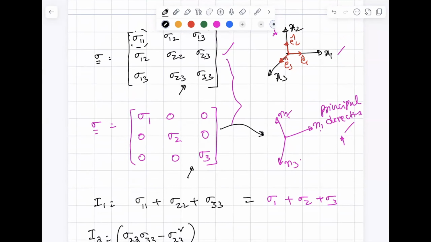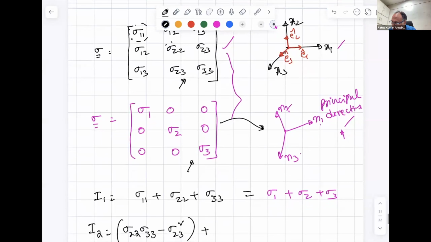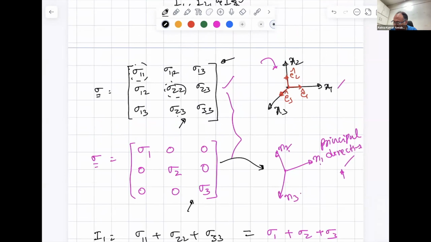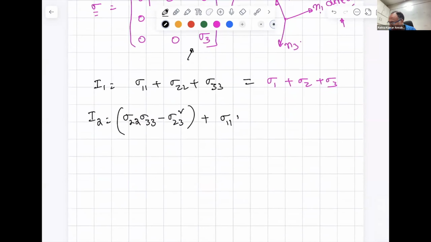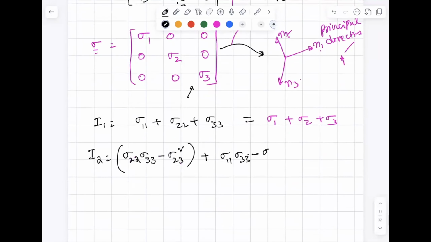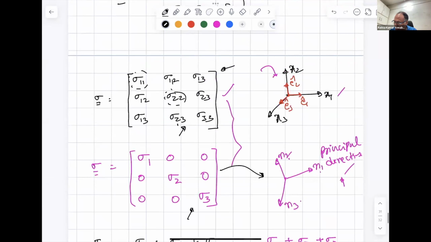Yes sir. And the second minor will be plus, you take sigma 22, the second diagonal element, and then remove that row and column. Then you will have sigma 11 sigma 33 minus sigma 13 square, plus sigma 11 sigma 22 minus sigma 12 square.